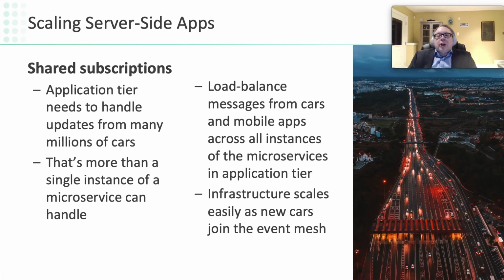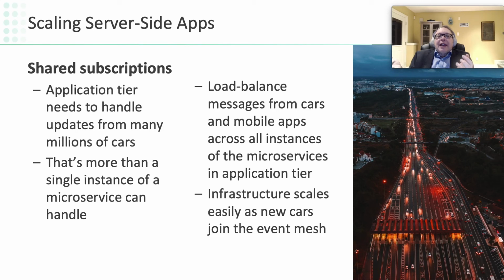On the server side, one of the big challenges with MQTT 3.1.1 was how to scale out the microservices. If you think of the connected car application, you're going to have millions of cars, and that's going to be way more than what you can do with a single instance of a microservice. So you need some way of load balancing messages from the vehicles and from the mobile apps as well, actually, across all the instances of the microservice.